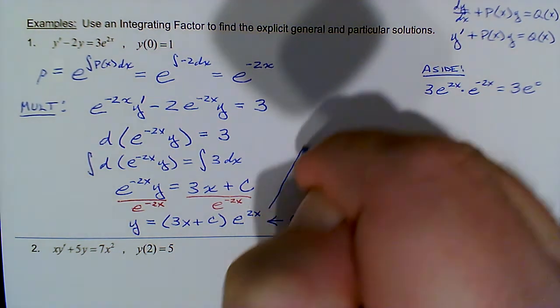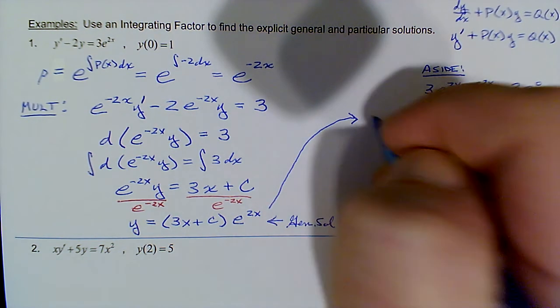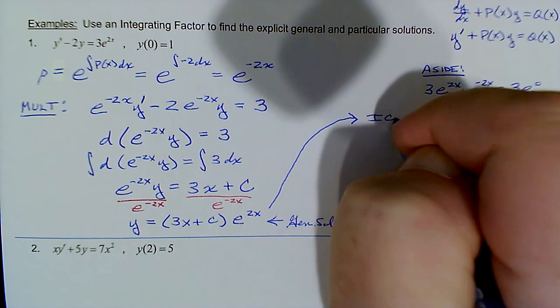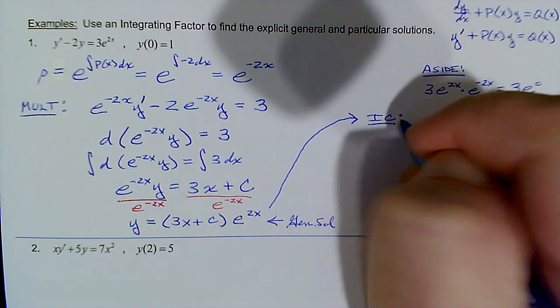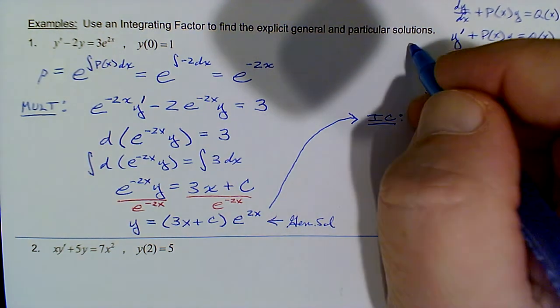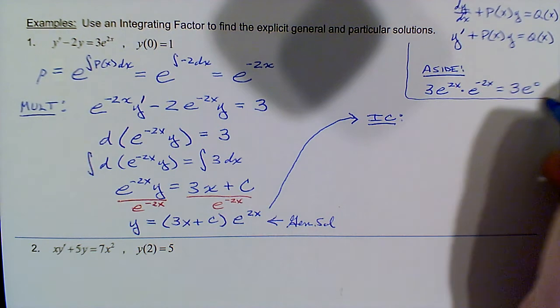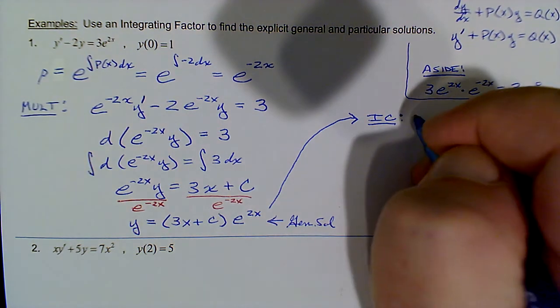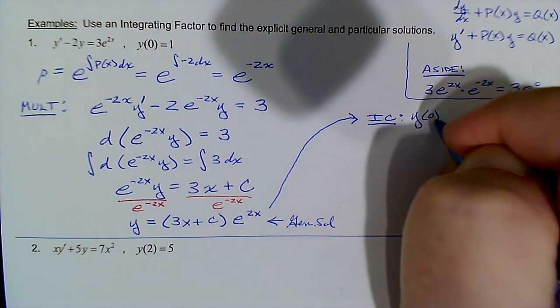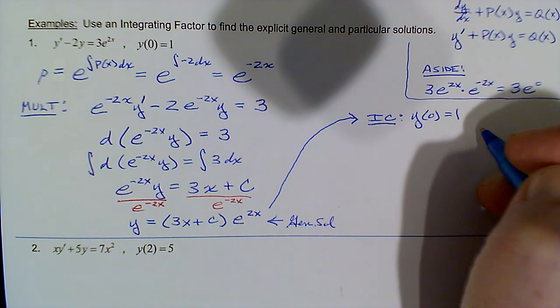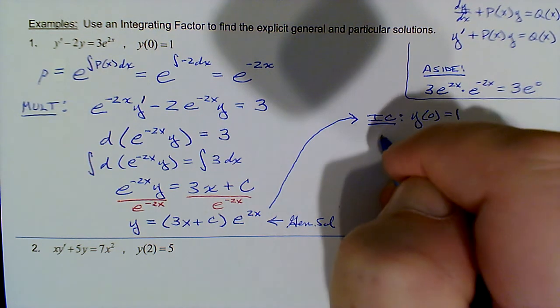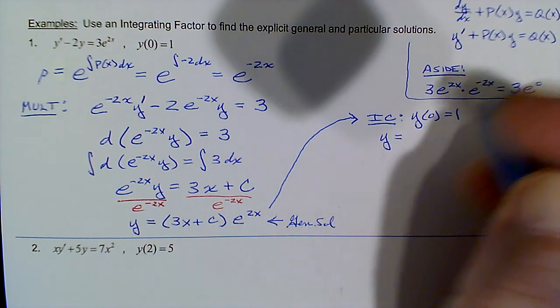Right, now if we want the particular solution, we use the initial condition. Let me just separate this. And the initial condition was that y of 0 is 1, meaning that when x is 0, y is 1.